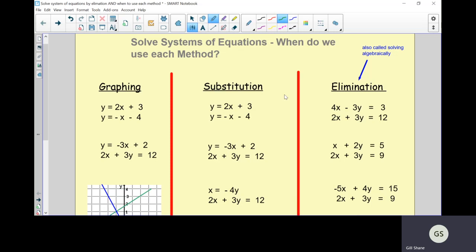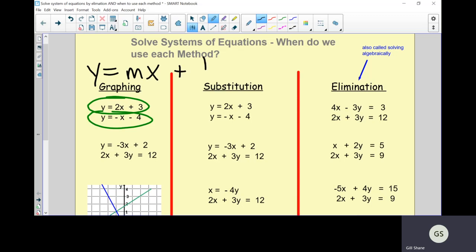So, your hint about graphing is you're looking for equations that look like these two equations. Y is all by itself. You have the format of y equals mx plus b, which hopefully looks familiar to you by now.